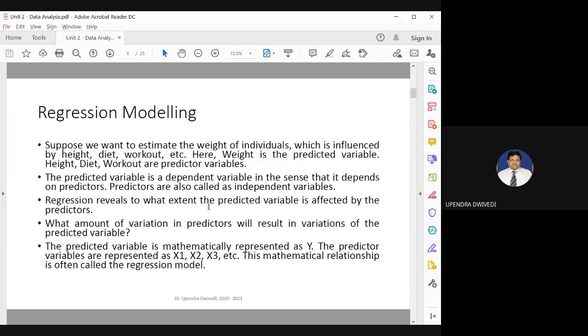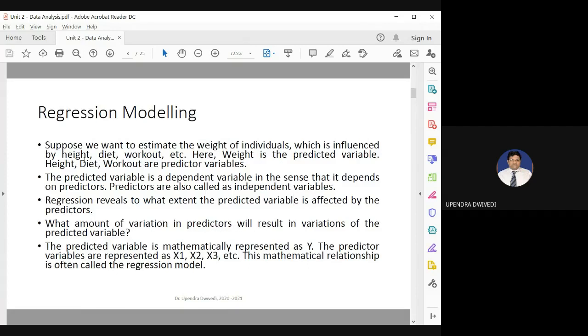Now we are trying to find out to what extent the predicted variable, which is the weight of the individual, is affected by the predictors. The whole aspect of studying regression modeling is to find out to what extent the predicted variable, weight, is affected by the predictors: height, diet, and workout, and what amount of variation in the predictors will result in variation of the predicted value.